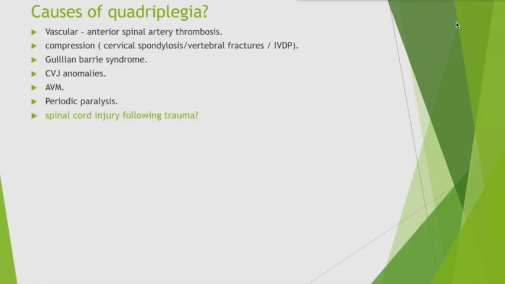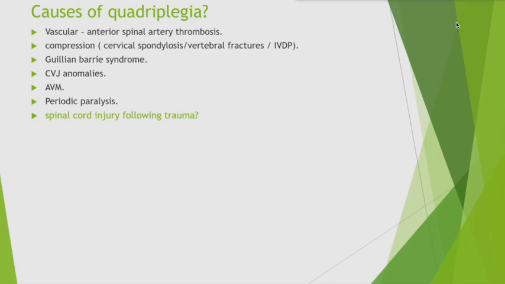One important cause is a vascular territory problem, anterior spinal artery thrombosis. What are the expected findings? Tell me the blood supply of the spinal cord.